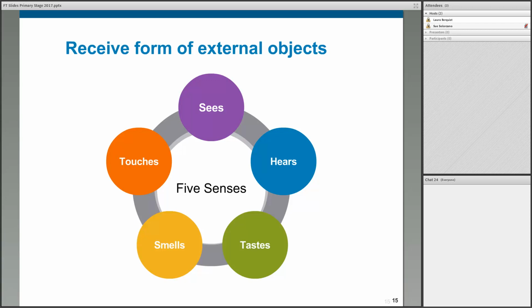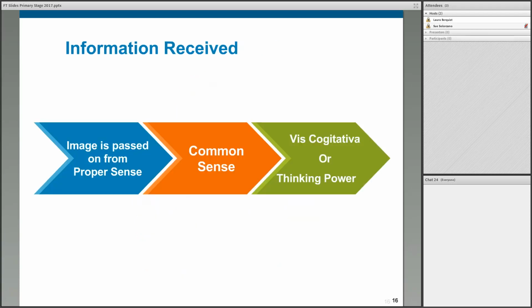But I receive the immaterial form into my proper senses. I see it, taste it, touch it, smell it, feel it. And then that form is passed on from the proper sense to what Aristotle calls the common sense. And he calls it the common sense because it's a power that all the proper senses use.